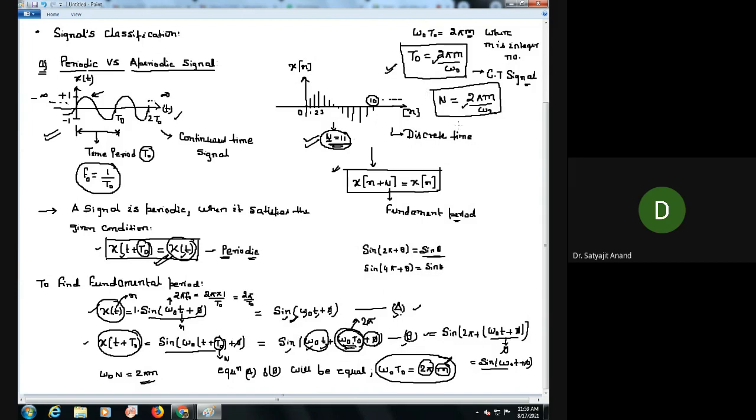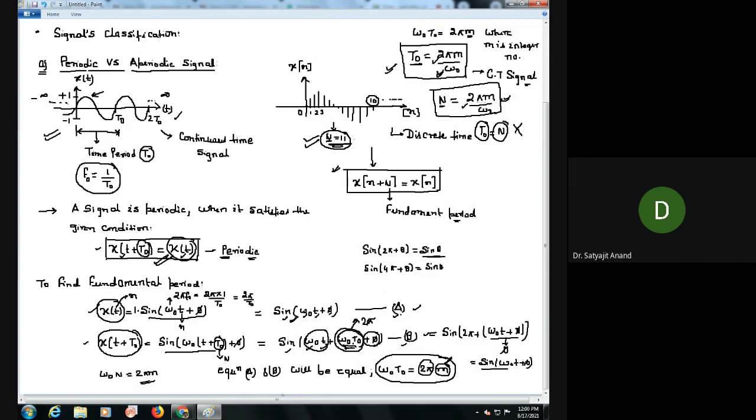Or can we simply say that T naught equals N, so whatever the fundamental period for a continuous time signal is, that will be the fundamental period for the discrete time signal? No, we cannot say that. Although the equations look the same, please don't consider them so. For a continuous time signal you compute the fundamental period this way, and for a discrete time signal you find it this way.